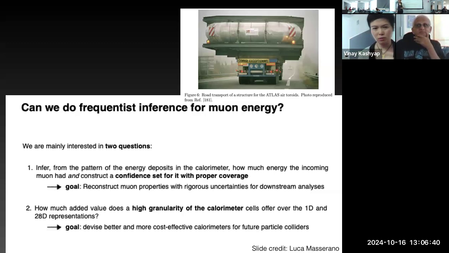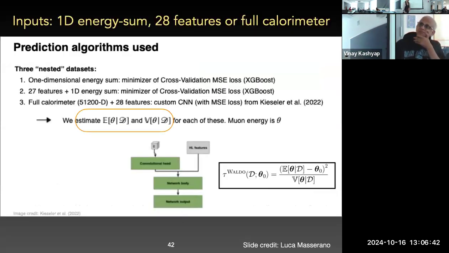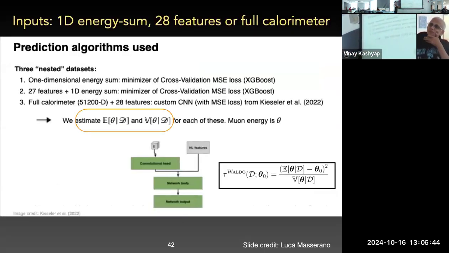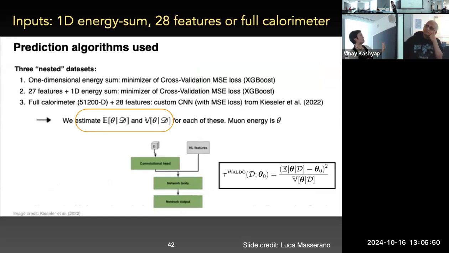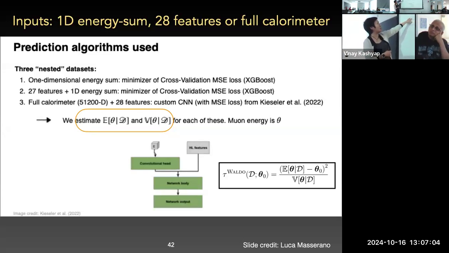So the two questions. And okay, we just used simulated data, and from these highly granular simulations we create nested data sets. So one is, let's say I only measure the total energy sum, right? I just sum all the energy in all these cells. The other is hand-designed features that our collaborators designed before we started working with them, which they thought were meaningful.